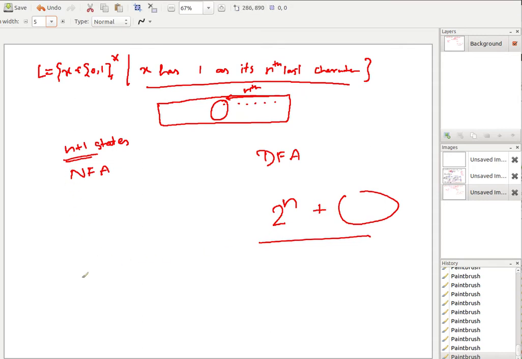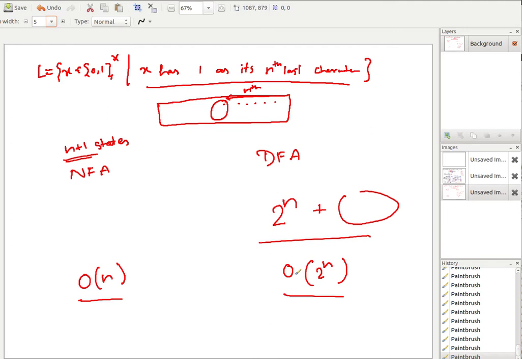Somewhere it is order of n, somewhere it is order of 2 to the power n. I think you haven't yet studied the complexity, but somewhere it is taking a very small number n and somewhere 2 to the power n. There is a huge difference between that. It's exponential, while the other one is linear in n, right? So that is the difference.